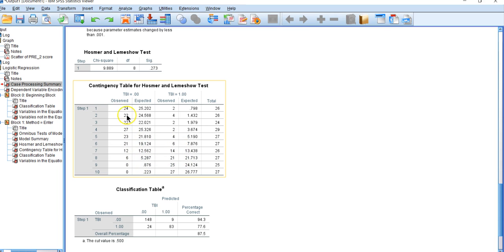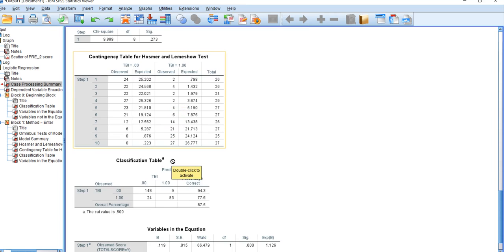You can see that it breaks it into these categories going from a low score to a high. And we can see by the frequencies here that if you don't have TBI, you have pretty high frequency going down to not so much, as opposed to the other end. If you do have TBI, your scores are not so many at the low scores, but go up to a lot at the higher scores.